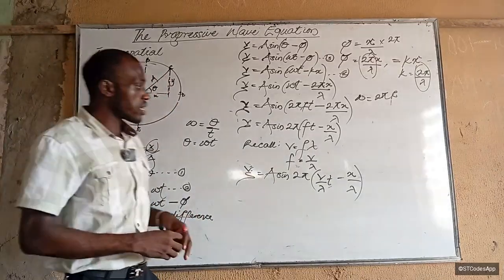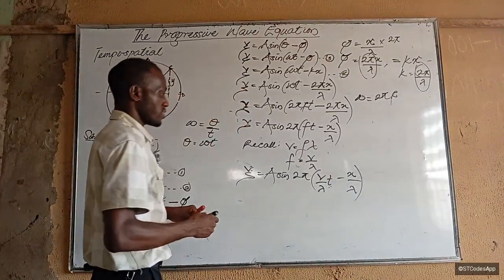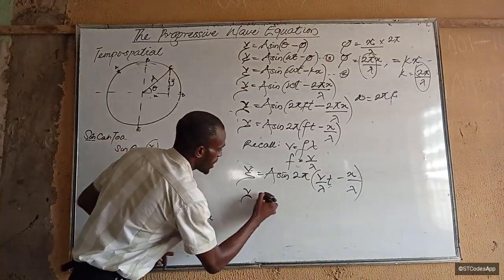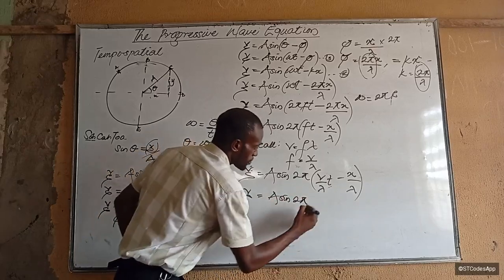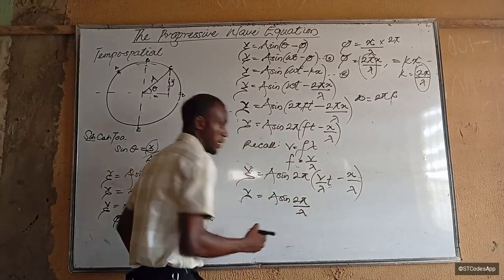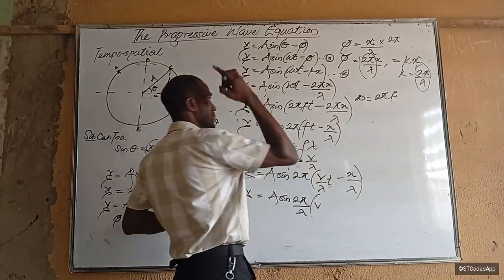You can already see that lambda is common between both of them. So y is going to be equal to A sine of 2 pi over lambda, which is now common, into bracket vt minus x.